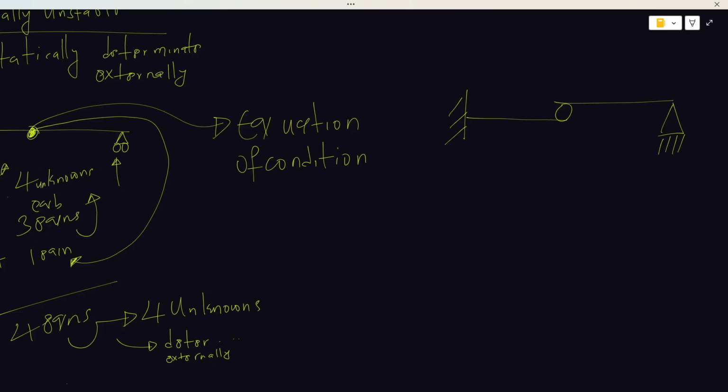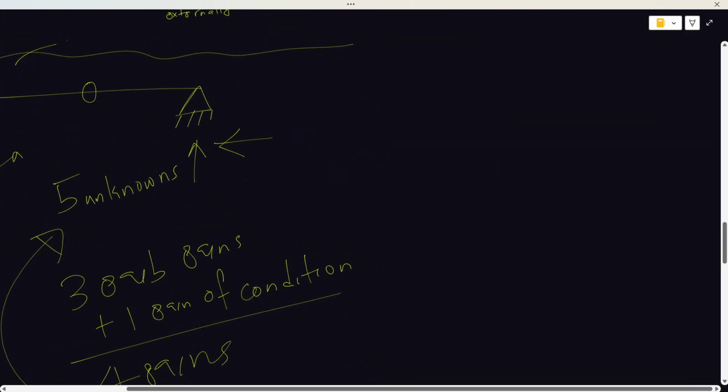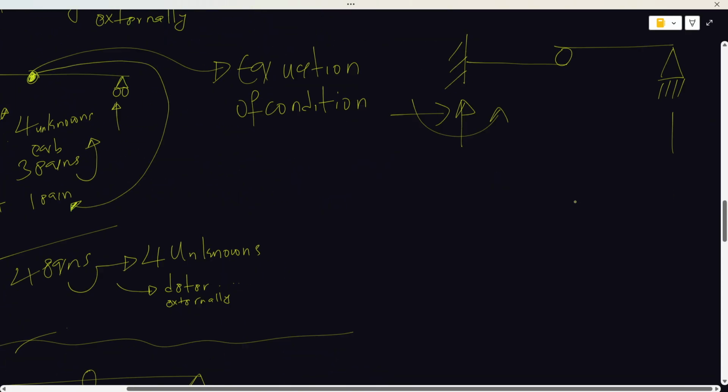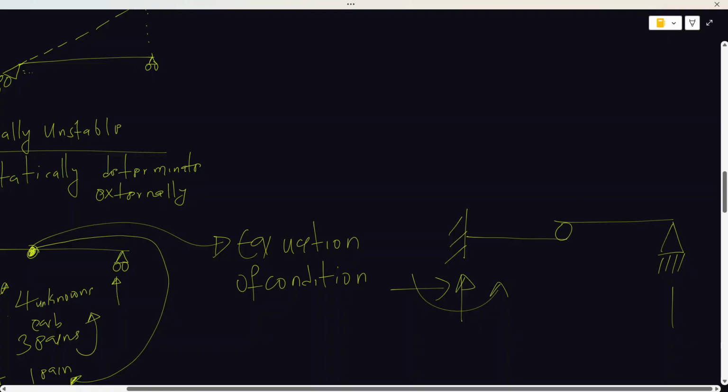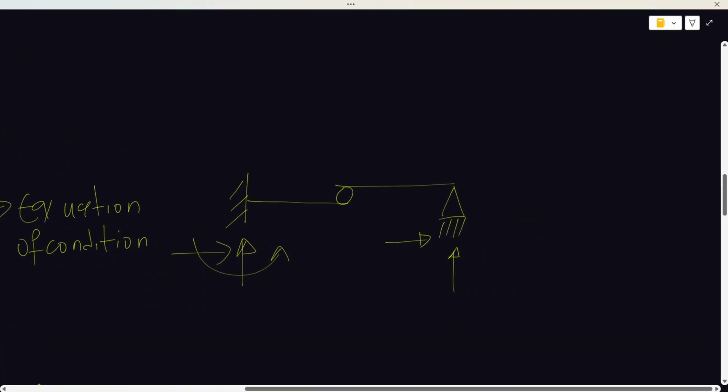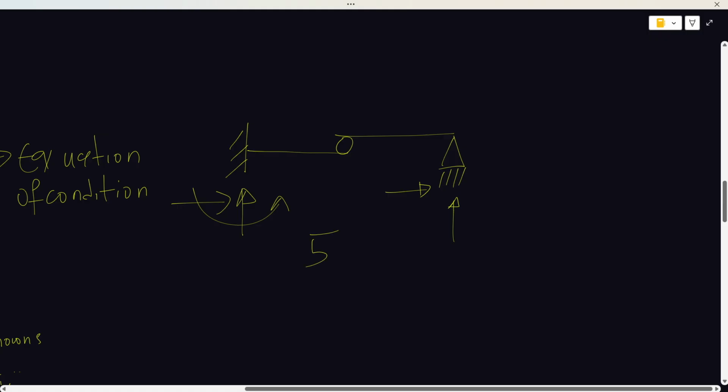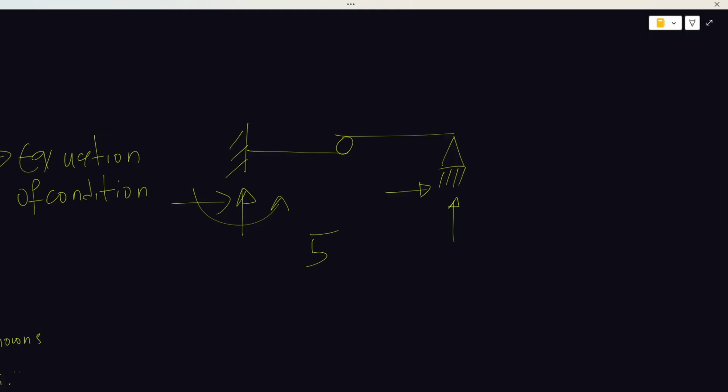Now, this structure has, sorry, a mistake. This structure has 5 unknowns. Remember, it's under internally unstable structures because of these internal hinges, all those that are under internally unstable.